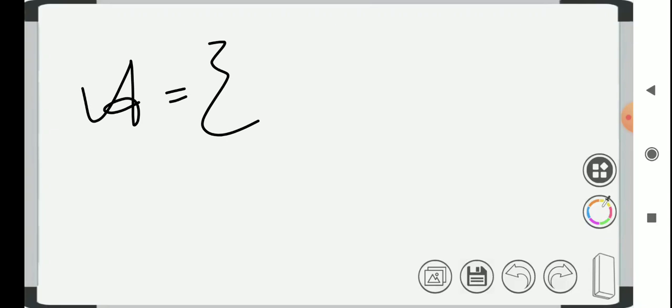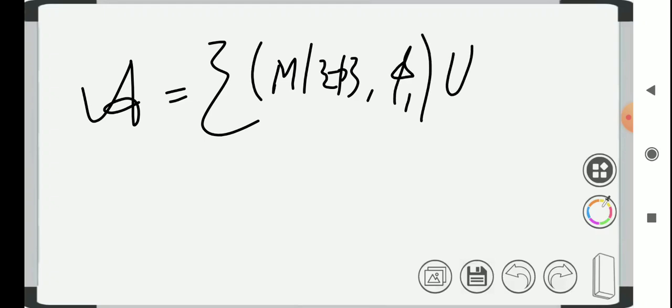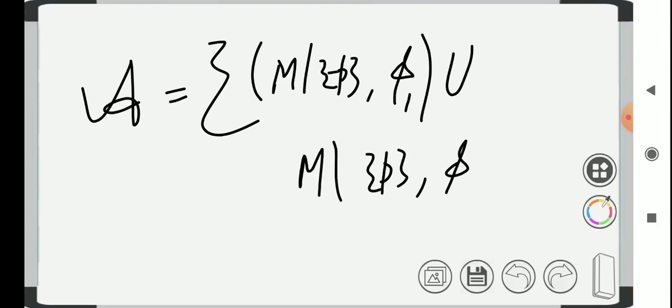Therefore the atlas we got for our topological manifold is simply M minus P with phi 1, union M minus minus P with the second homeomorphism, which you will describe yourself, as it is a clear copy of what I did in the first example. This is a chart.